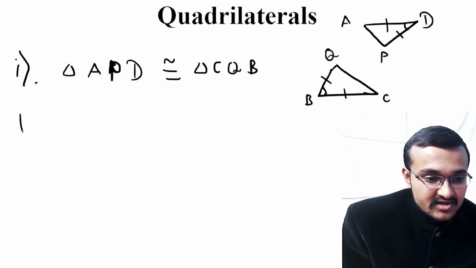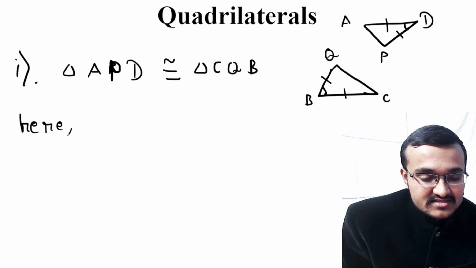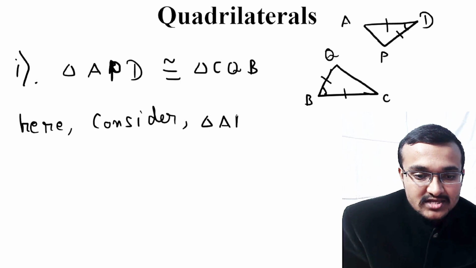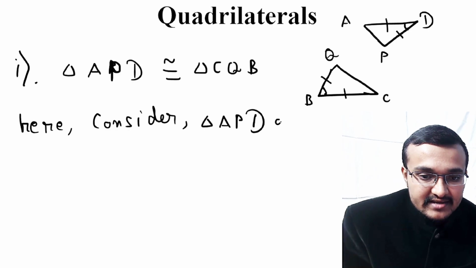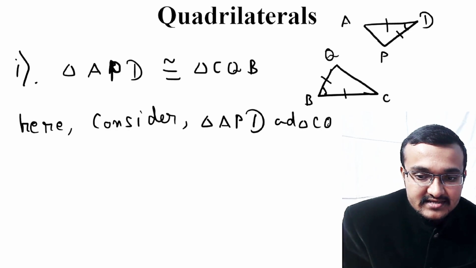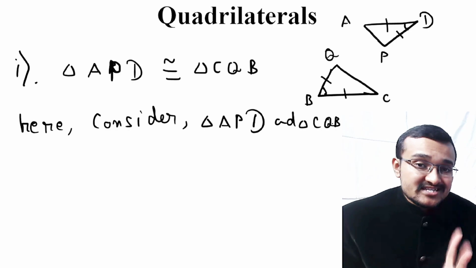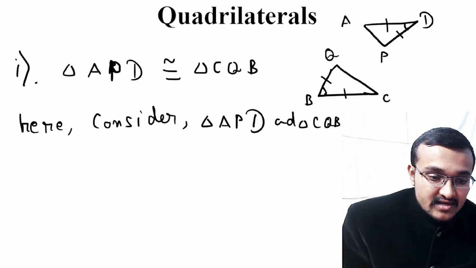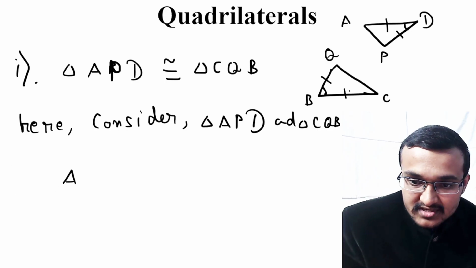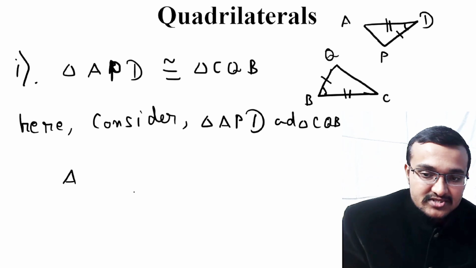Now consider triangle APD and triangle CQB. In these two triangles, AD and BC are equal to each other.